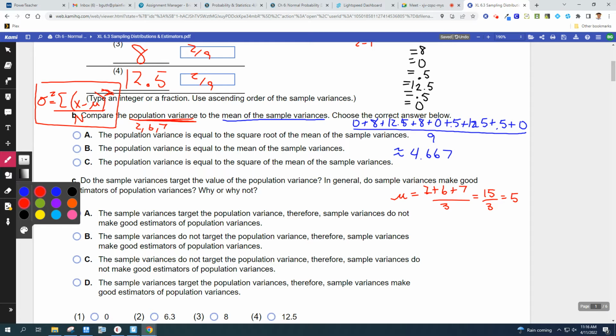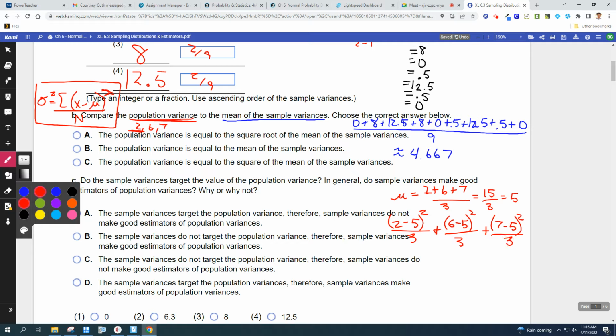The first x value is 2, so we go 2 minus the mean squared over capital N, number of numbers, 3. We're doing a sum, so I'm going to add together the next value, 6. So 6 minus the mean, 5, squared over 3, plus the third value, 7 minus 5 squared over 3.